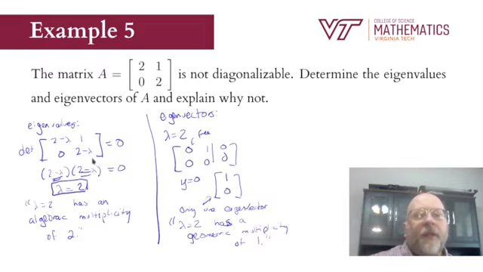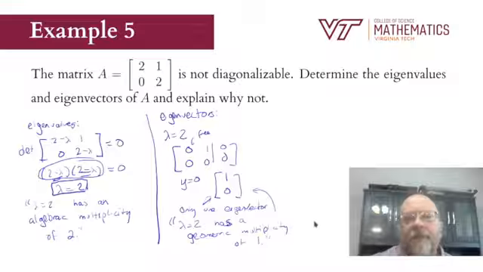Algebraic multiplicity is how many times this eigenvalue shows up when we factor the determinant. Geometric multiplicity is how many eigenvectors we get out of that set of equations.